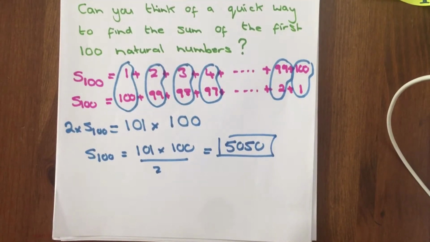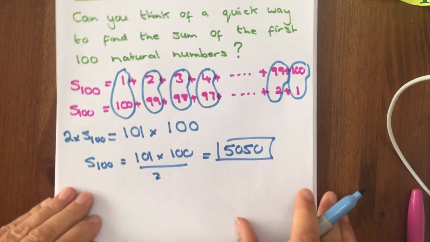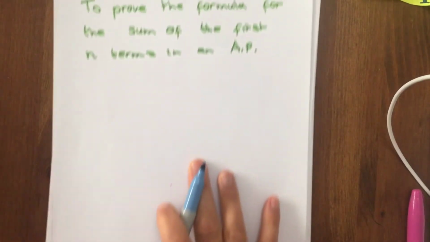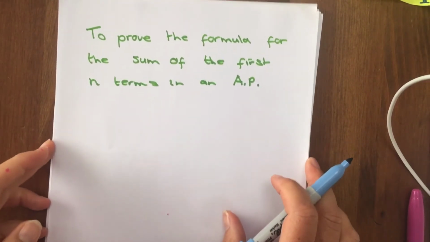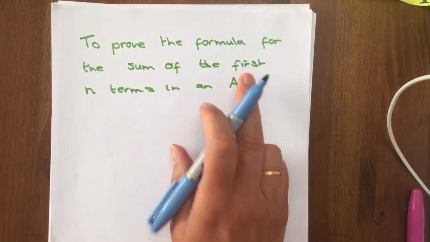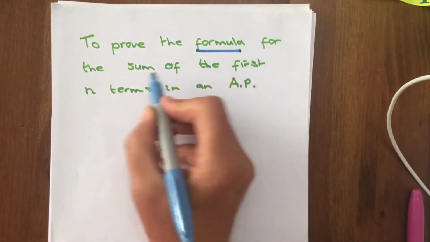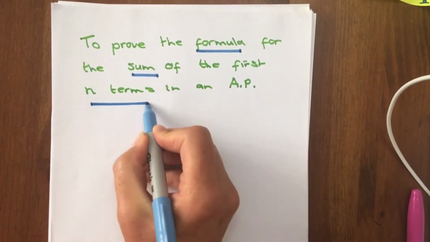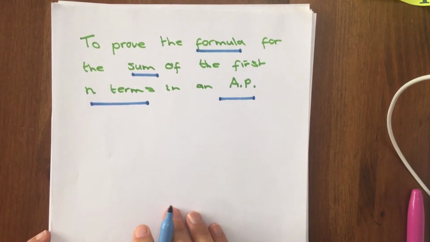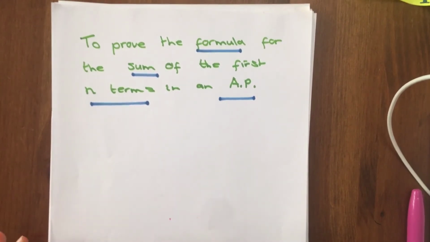Now, why have I shown you that? Well, you need to know the rule, and you need to show this, because I've seen this question come up in exam papers before, to prove the formula for the sum of the first n terms of an arithmetic progression. So what I'm going to do is exactly what I just did for the sum of 100 terms.